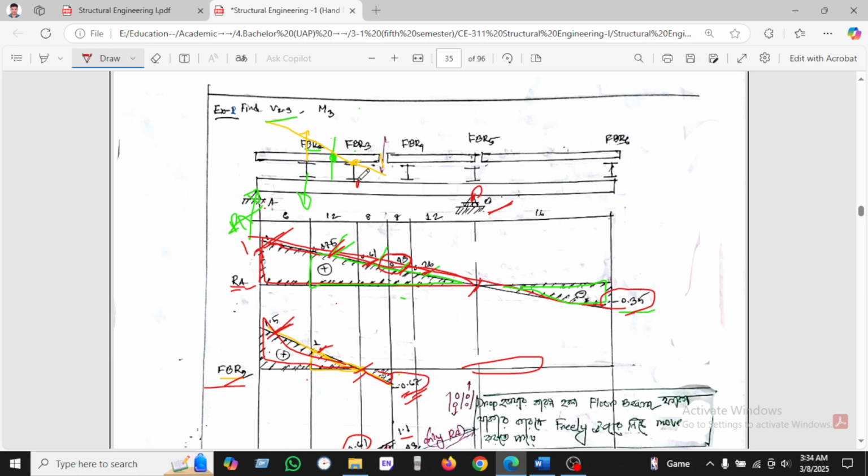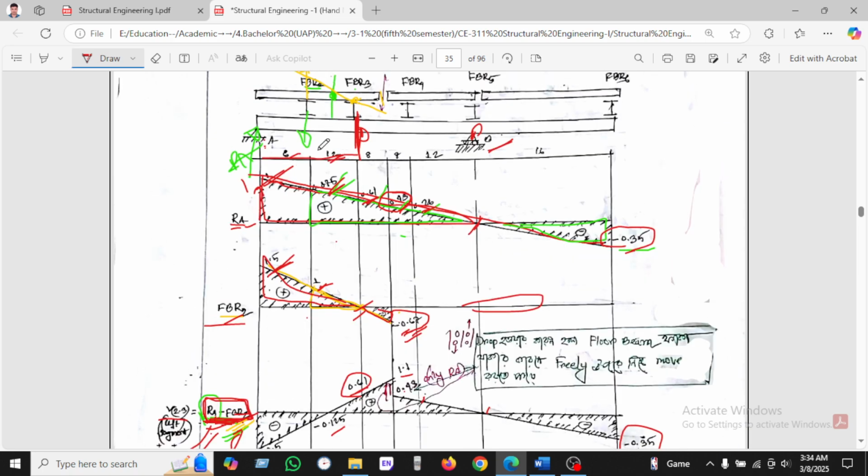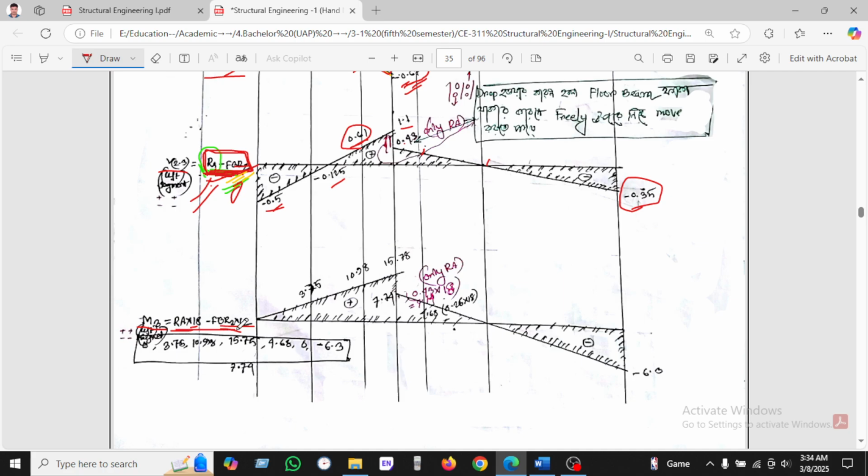So this portion may be B point. So we are taking the moment about this point. So RA into 12 plus 6, this distance is 18, minus floor beam into 12. So that's why it will be this equation.